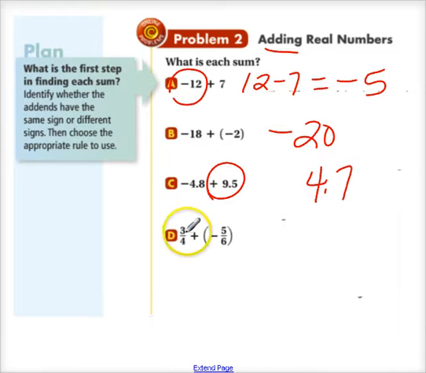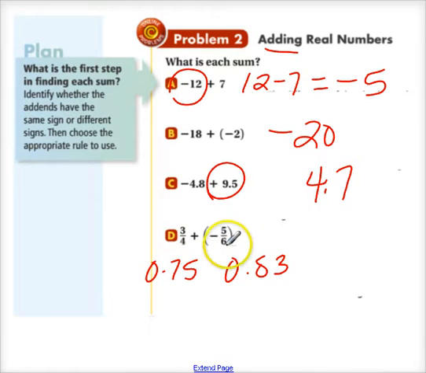And D, same thing, two rational numbers, 3/4 and negative 5/6. They have different signs, so you are going to subtract the absolute values. You might want to decide which one's bigger. 3/4 is 0.75. 5/6 is about 0.83.